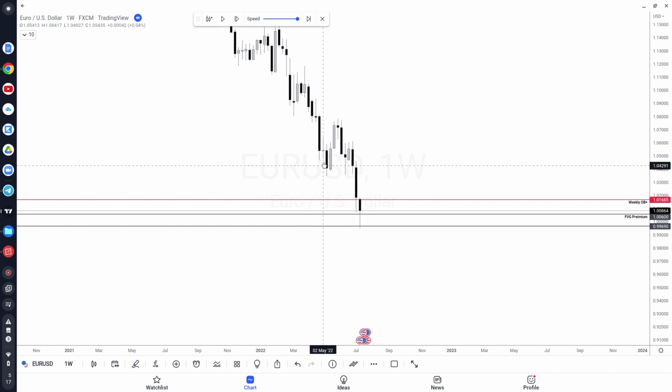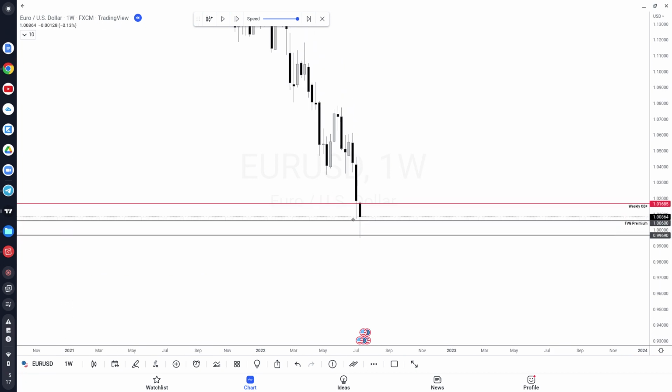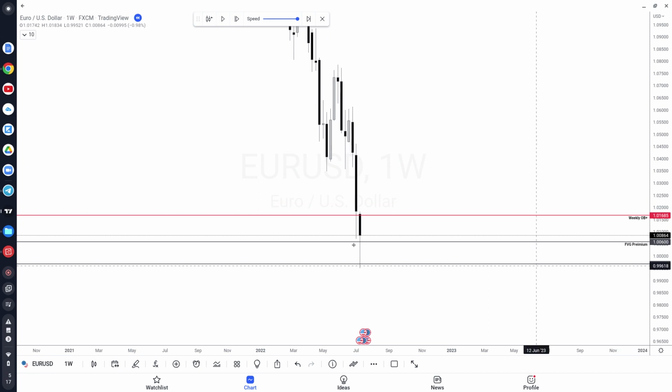What is the most probable weekly range expansion? And we answer that question based off the most recent or the previous draws on liquidity, right? Which in this case has been previous week's low, right? So of course, previous week's low is down here, but what we have to understand is that price is reaching a weekly fair value gap and also a weekly bullish order block, right?